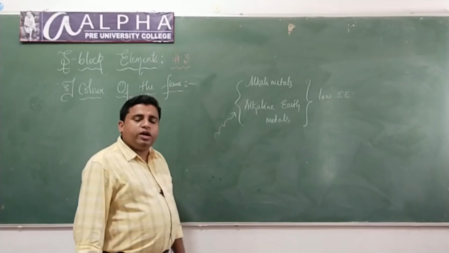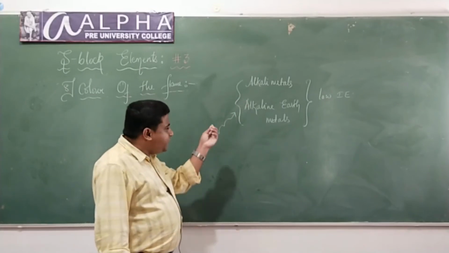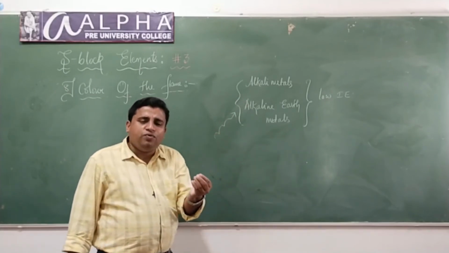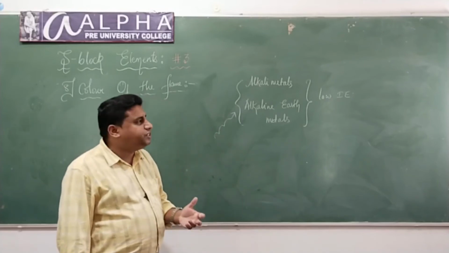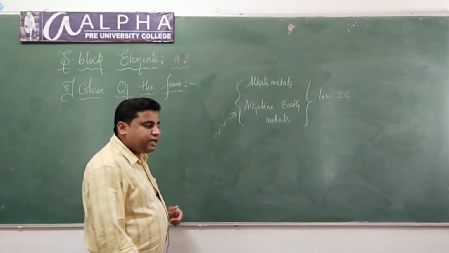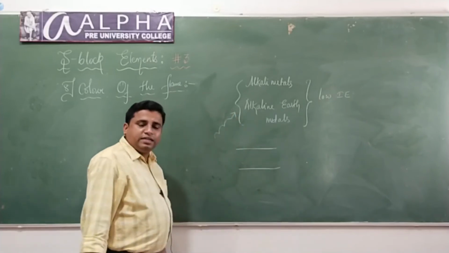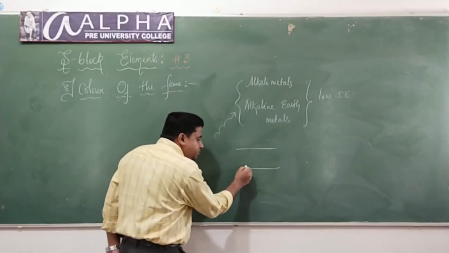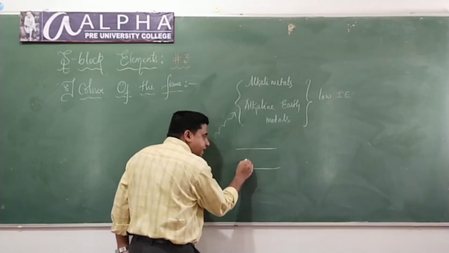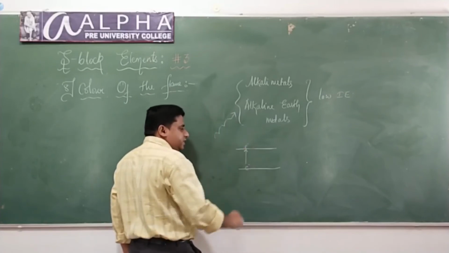See what is going to happen if we supply even a very small amount of energy to alkali metals and alkaline earth metals. The outermost electron will absorb this energy and get excited to the higher energy state.